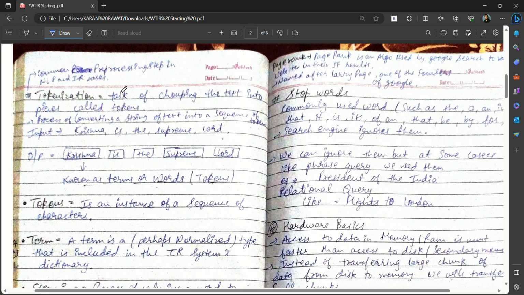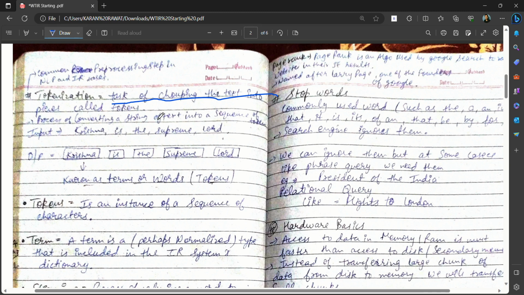As you can read in the definition, tokenization is the task of chopping the text into pieces called tokens. We have a text, and chopping the text into pieces is called tokenization.